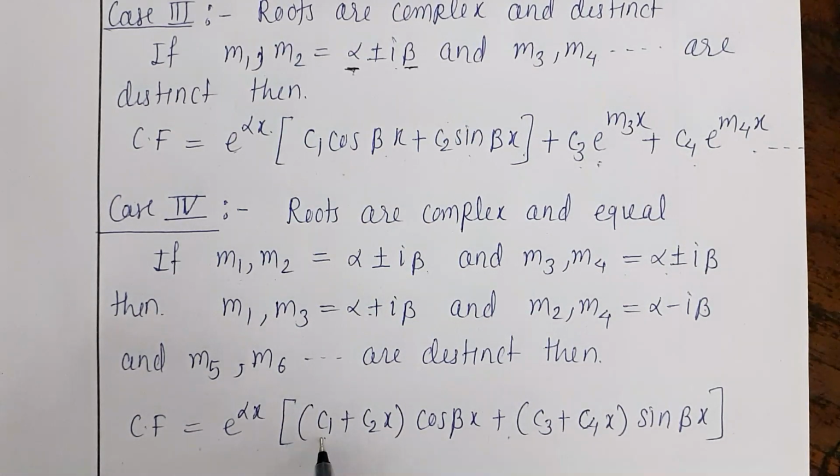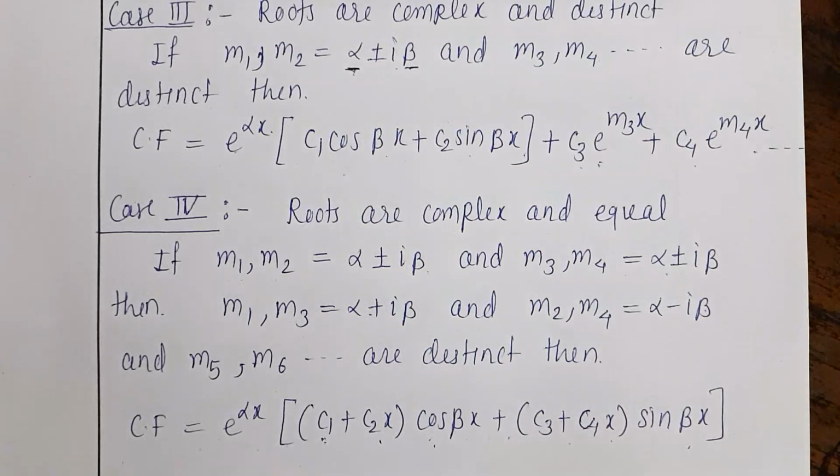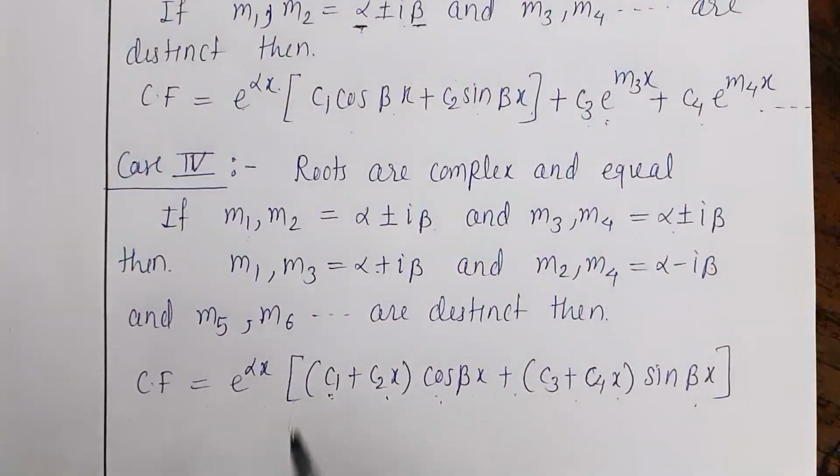Again here also we have the same thing. Whenever the roots are equal, we write c1 plus c2x, and because it is imaginary, we multiply this c1 plus c2x to cos beta x and c3 plus c4x to sin beta x. If three pairs of imaginary roots are equal, then how to write this CF?